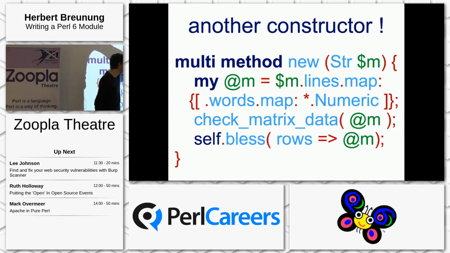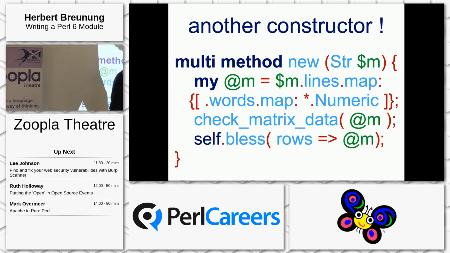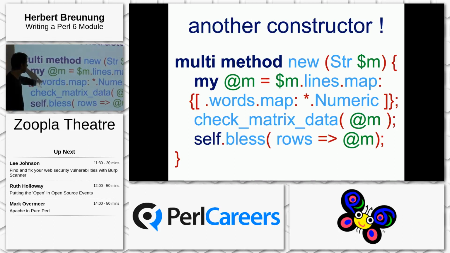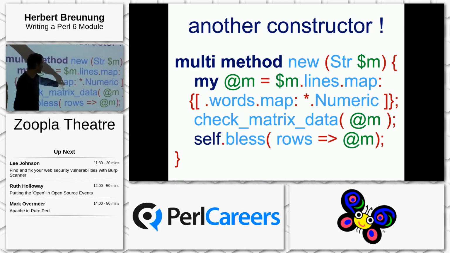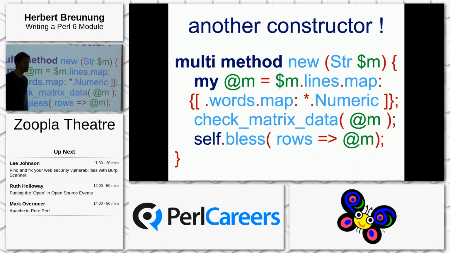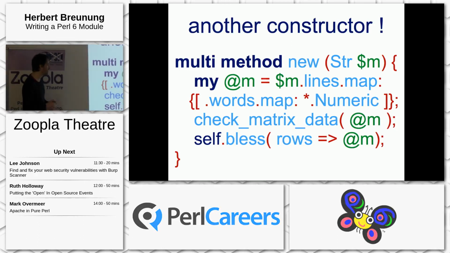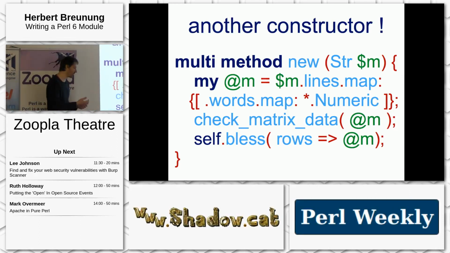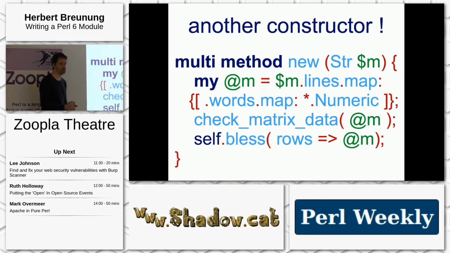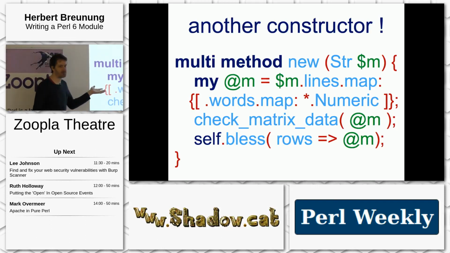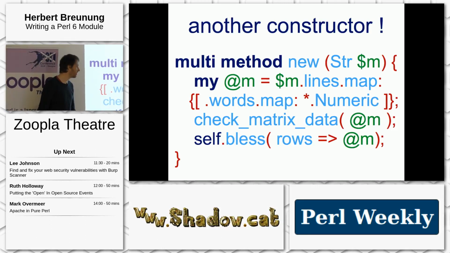I have here the string. It gets chomped up in lines. I map over the lines, give me the words, and map the words to numerics. And I already said numeric is the role who knows all the basic numerical stuff and gives them the proper types. That's all. And you can even understand it, even if you don't know much about Perl 6.